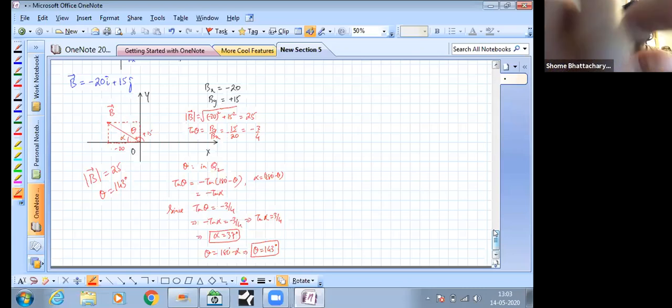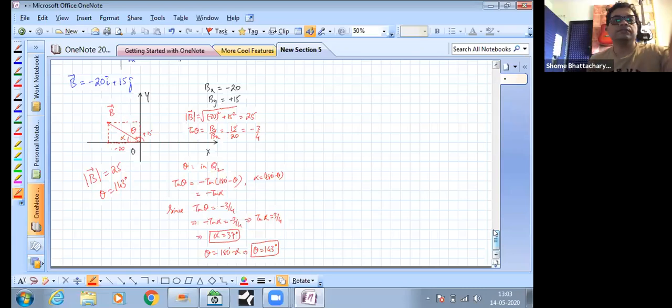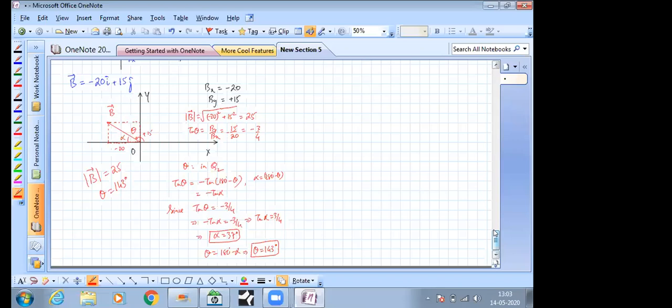Just make sure you understand this carefully, and I'll take you back to the question for C and D part also. Just finish noting this down first, then I'll take you back to the original question for part C and D and try and work it out.